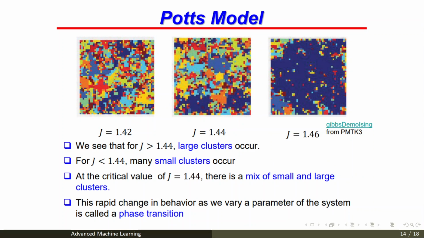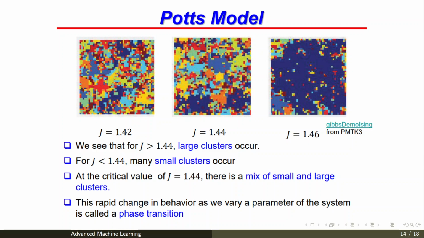Here is an application of the Potts model using different strengths and trying to find the MAP estimate, or the lowest energy of the system. You notice that when J is very big, you get clusters that are spin up, whereas when J is small, you get small clusters.